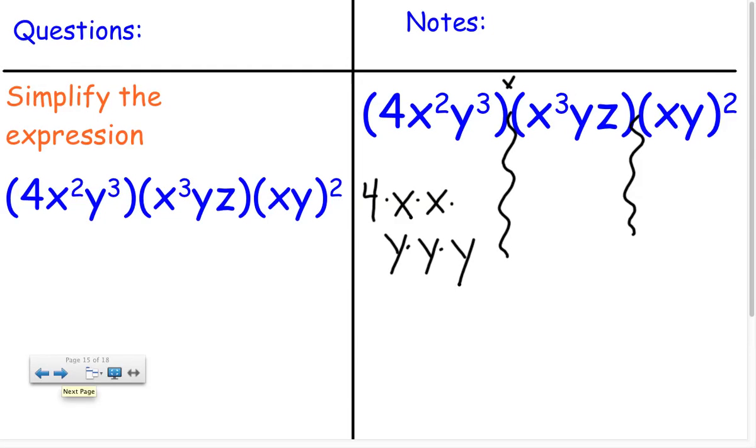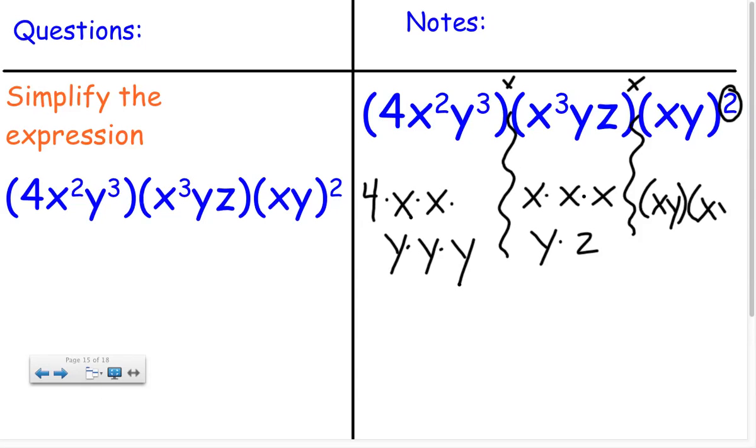The middle one has no exponent, so 3 x's, 1 y, and 1 z. This one has a 2, so I have to write xy twice. So if I break that up, I have x times y and x times y. The only whole number I have is this 4, so I'm going to put that 4 down here.